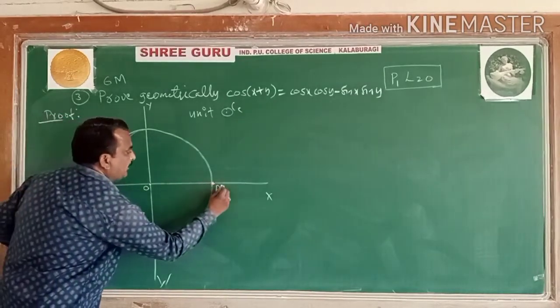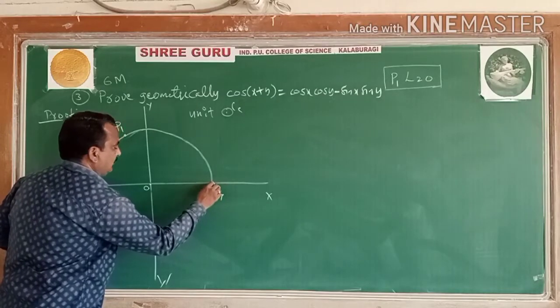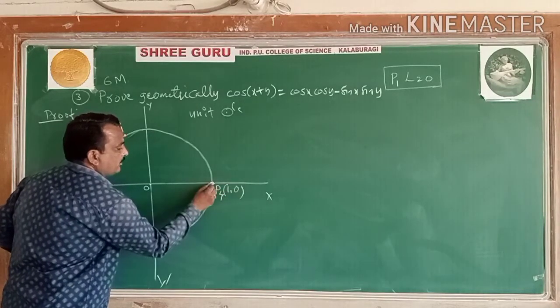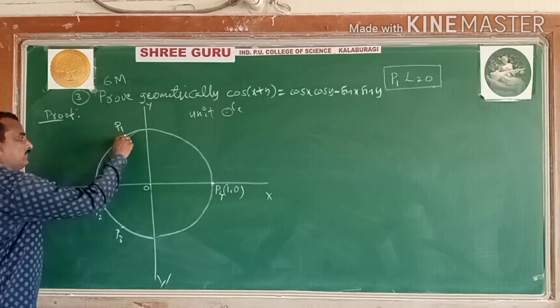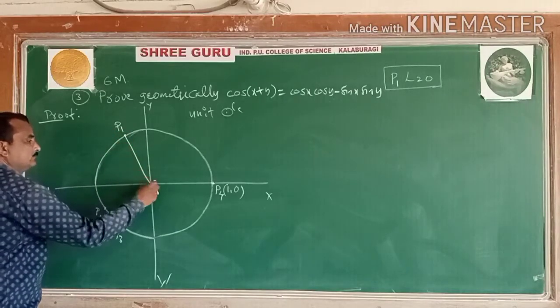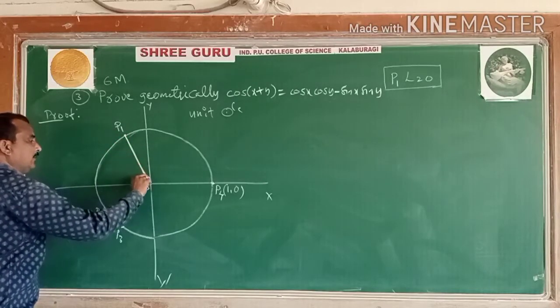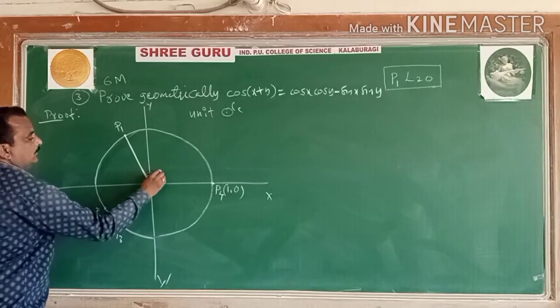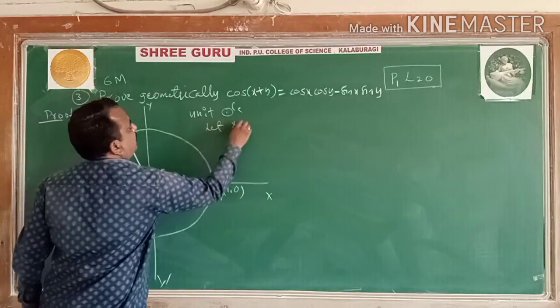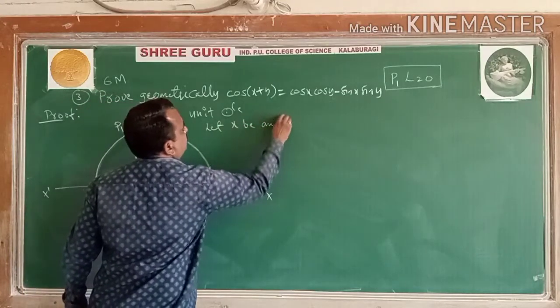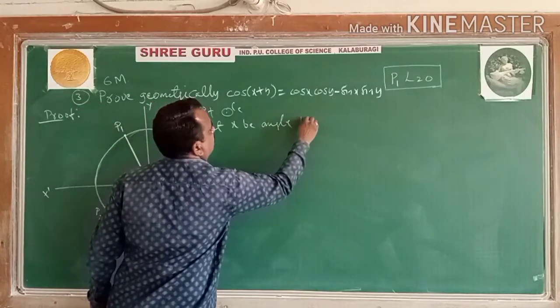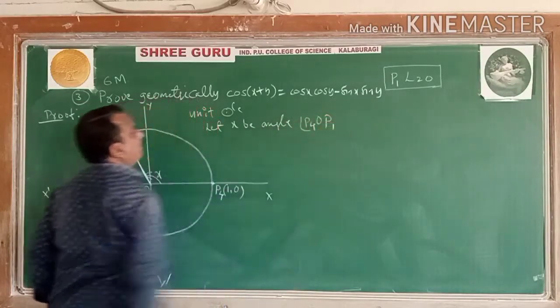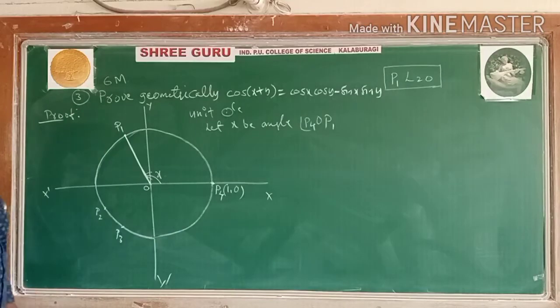P4 is the point exactly on the x-axis on the unit circle, so it becomes (1, 0). Let x be the angle P4OP1.